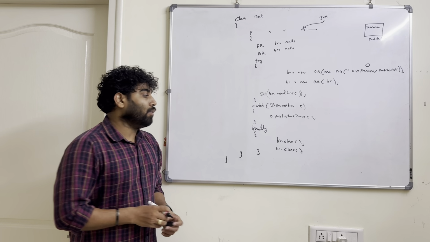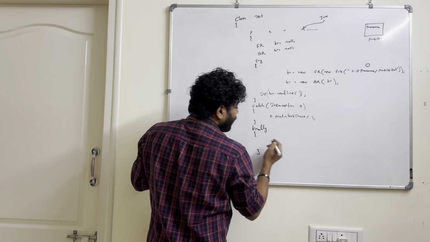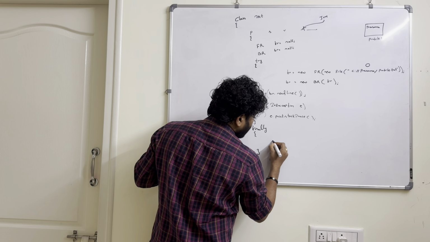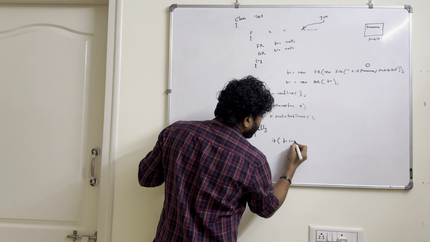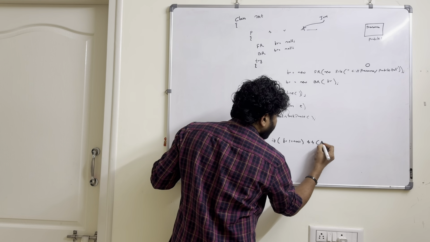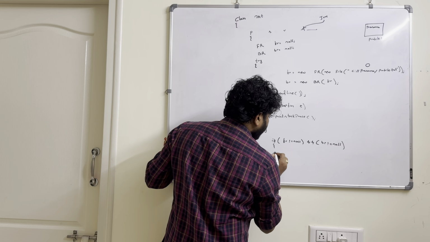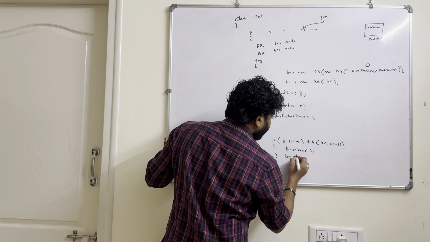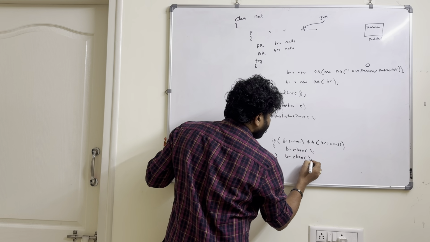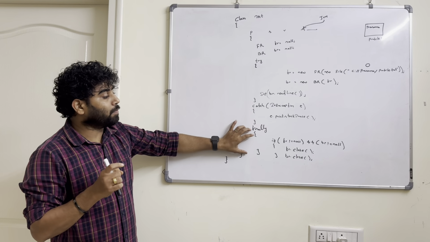So instead, we need to put a null check condition here. How? We need to write: if fr not equals to null and br not equals to null, then only call the fr.close and br.close methods.